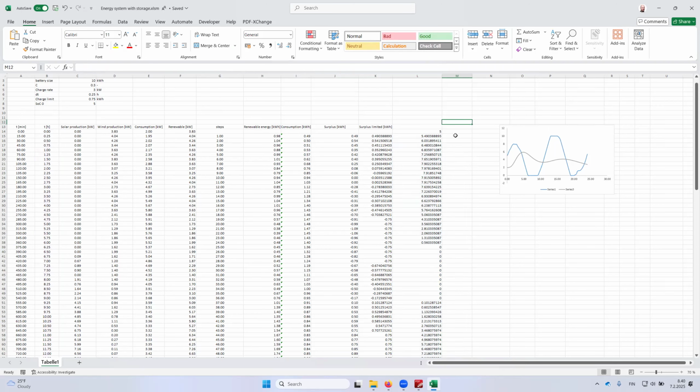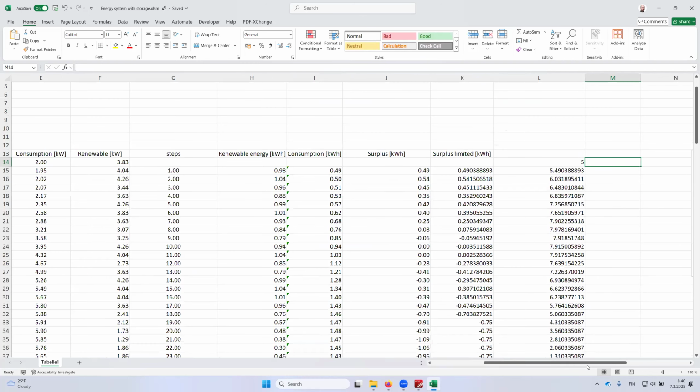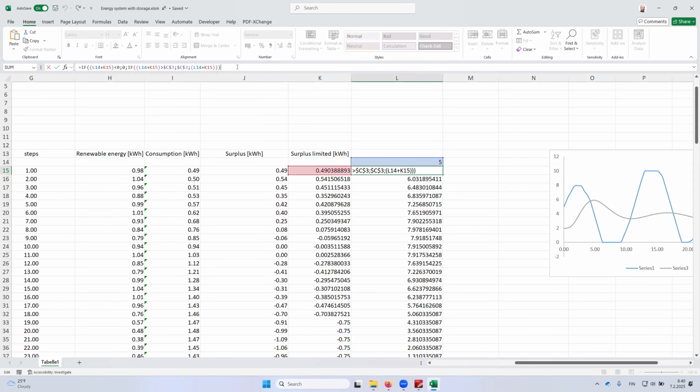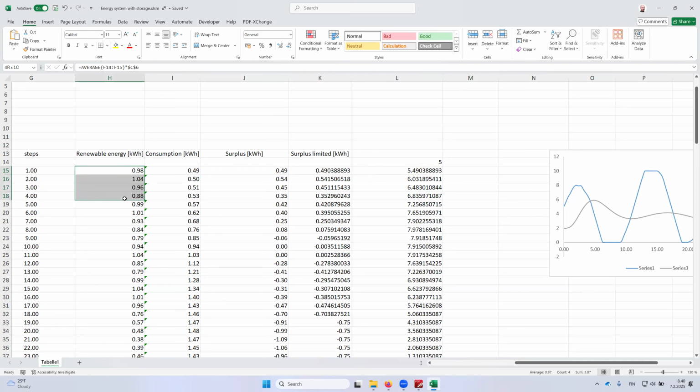So what we want to do after this one is calculate, let's see, if we have this consumption in here, or rather the renewable energy in here, and we have the battery state of charge, I'm going to calculate renewable energy plus what's happening in the battery. So this would be, I'm going to call it production.